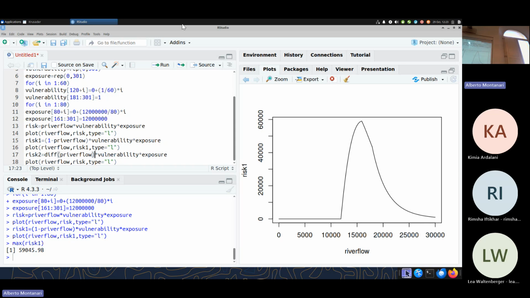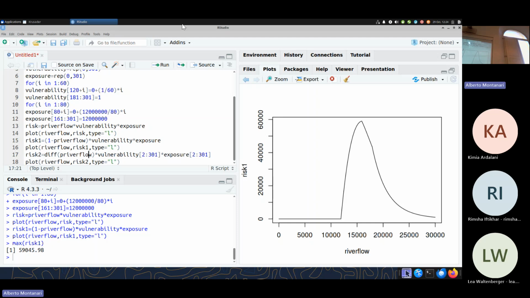And the only thing is that, again, the difference has a lower length of -1. So let's take the vulnerability from 2 to 301. Good. And exposure is 2 to 301. Good. And now here, let's risk2.